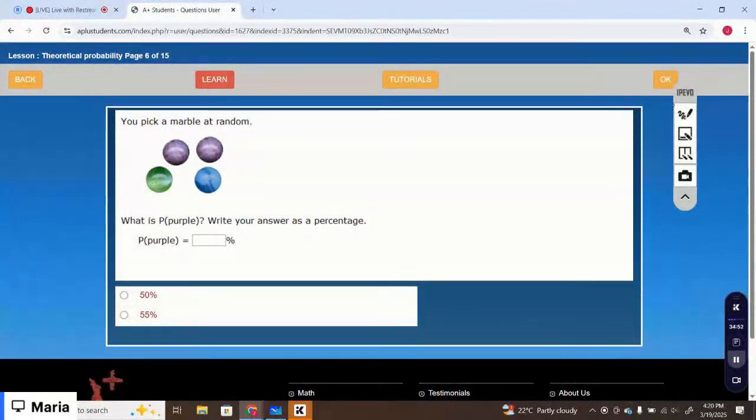That is 50% because two of the marbles out of four are purple, so that is 50%.